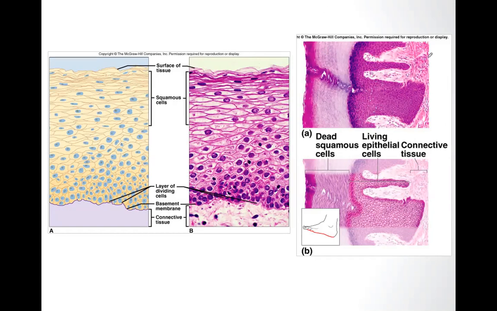The example you see right here is an example of the keratinized cells because they're showing you your skin basically. And these cells that you see on the top, this is a very thick layer, correct? That's going to be dead keratinized cells, which are providing an extra layer of protection.